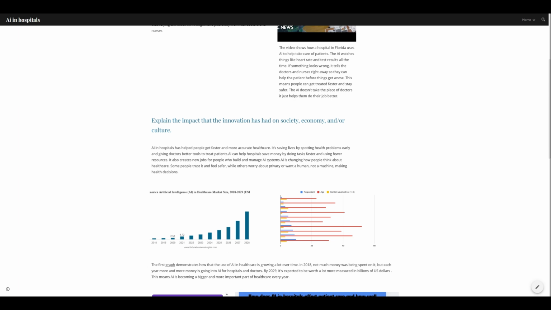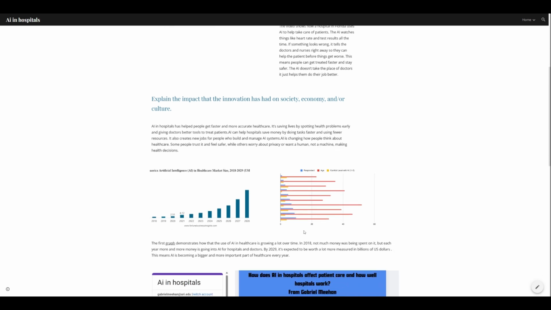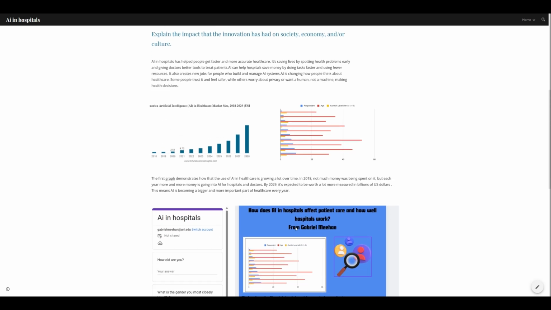AI is changing a lot of how we think about our healthcare system and the decisions we make when we go into the doctor's office. Everyone definitely has different opinions on it, and they worry about privacy and having a human doctor and not just AI, which could possibly be hacked and leak their information.